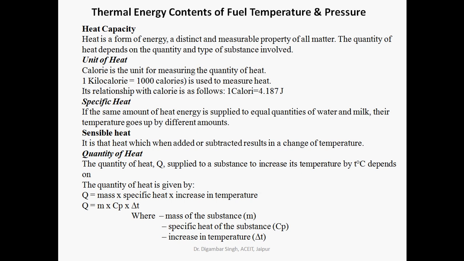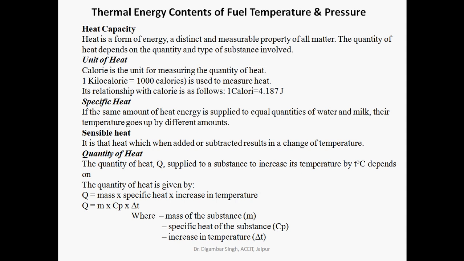Now specific heat: if the same amount of heat energy is supplied to equal quantities of water and milk, their temperature goes up by different amounts. Now sensible heat is that heat which, when added or subtracted, results in a change of temperature.